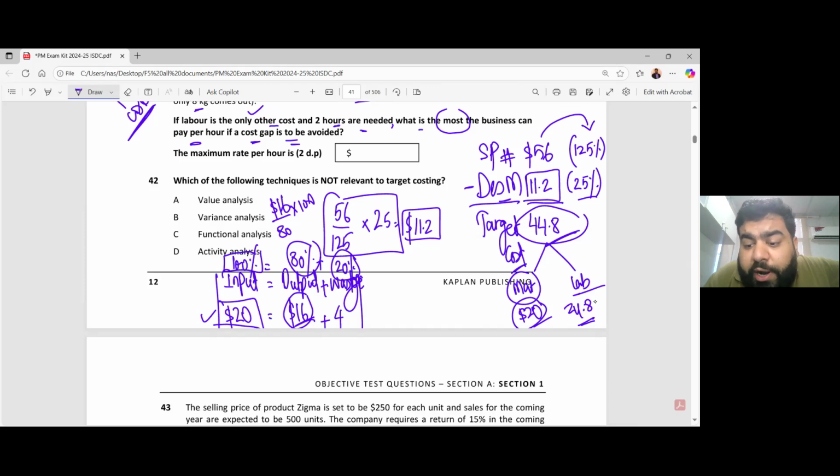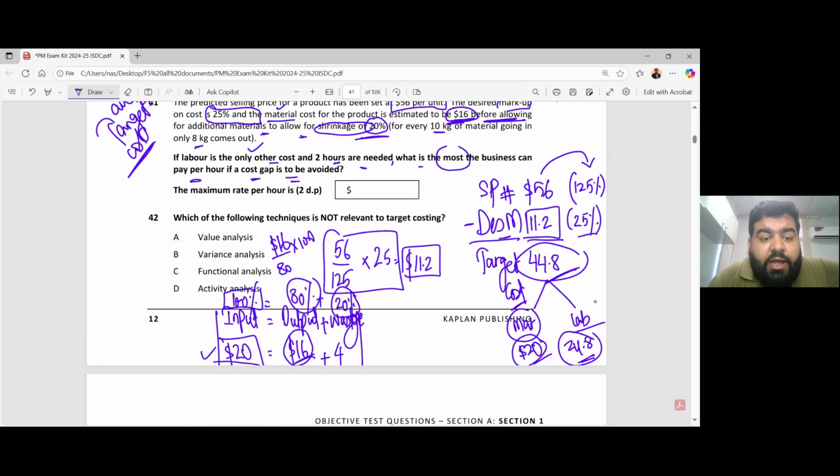So 24.8 is the labor cost, and he is saying that for the labor 2 hours are needed. So he is asking that for 1 hour, what rate can we give? We have just 24.8 cost left, and we have to adjust the labor within it. But labor has to work 2 hours. So what we can afford, we'll divide by 2 so that we can calculate the rate per hour: 12.4.